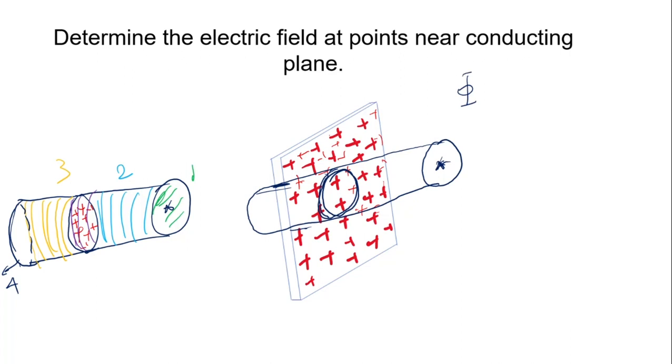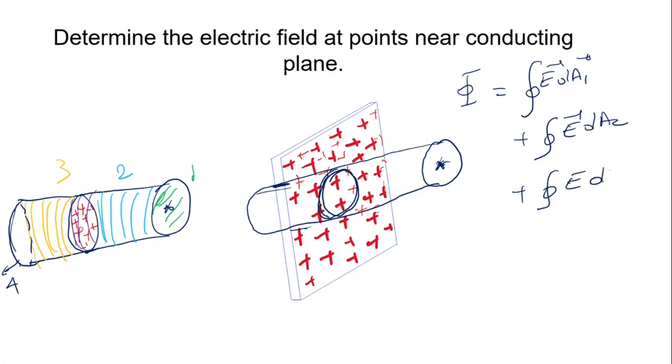The total electric flux will be the flux from area 1, the integral of E dA1, plus the flux through area 2, the blue area, plus the lateral area, the yellow area 3, E dA3, plus the flux produced at area 4, which is E dA4.